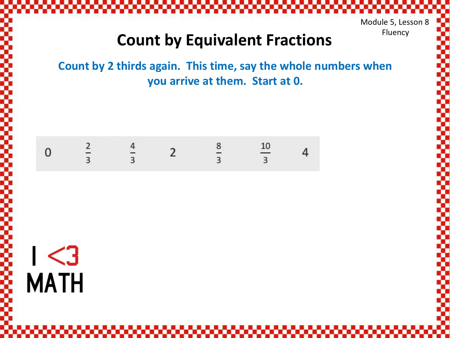So we're going to try it again. This time, though, we are going to say the whole numbers when we arrive at them. So start at 0, 0, 2/3, 4/3, 2, 8/3, 10/3, 4. Now we're skipping a lot of the numbers in between, so we didn't hit 1, which would have been 3/3, nor did we hit 3, which would have been 9/3.